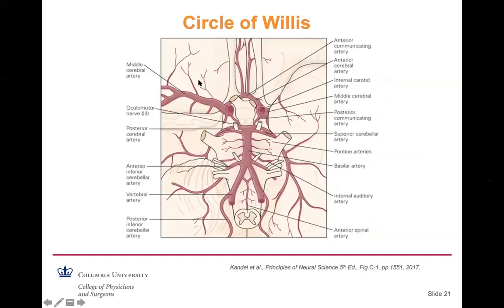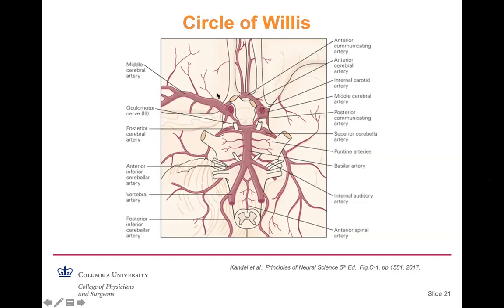This is just to show the complex branching of these arteries and some of the cranial nerves that have relationships with the arteries anatomically. It's also to show that in the brain, there's a structure called the circle of Willis, which is a very, very impressive, almost roundabout in the brain that really allows the brain to shift the direction of the blood.